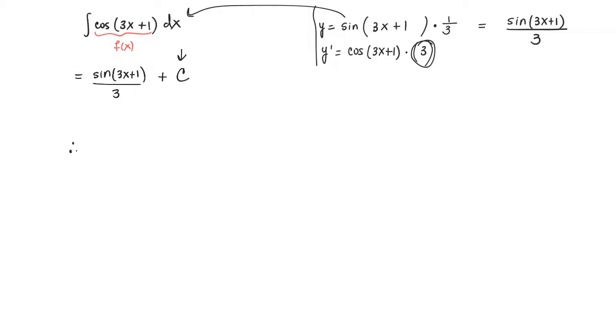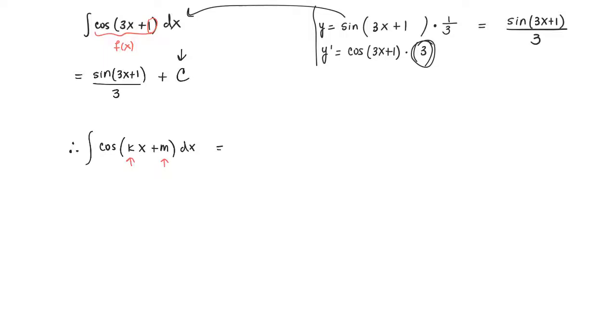Therefore, in conclusion, if I am asked to calculate the integral of cosine of kx plus m, I'm going to now be general, and I am going to work with variables, little k representing what used to be 3 before. M is just any other constant, what used to be 1 over here.